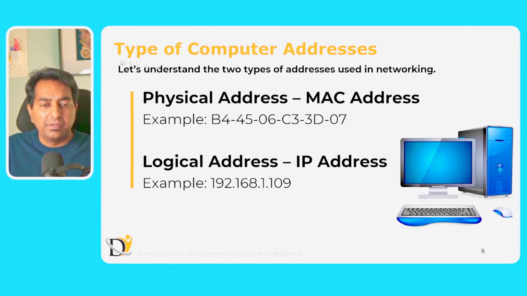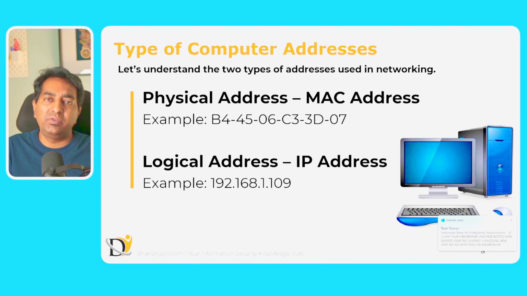In the last session, we discussed that a computer has two types of addresses. One is the physical address, also known as the MAC address, and the other is the logical address, also known as the IP address. We call an IP address a logical address because it changes with the logic.